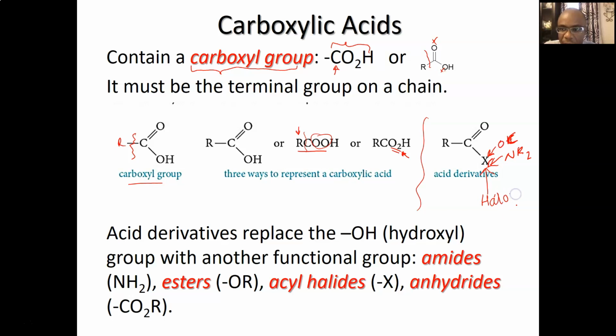So if it's a halogen, then you have an acyl chloride. So usually the OH is replaced by something else. That's how you get the derivatives to make the amides, to make the esters or acyl halides or anhydrides. So those are the derivatives written down here.